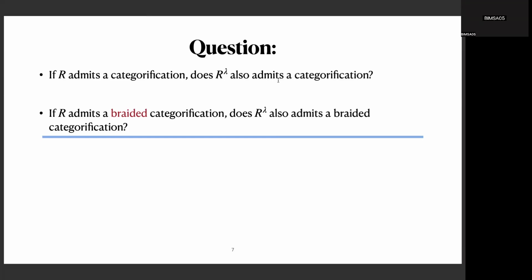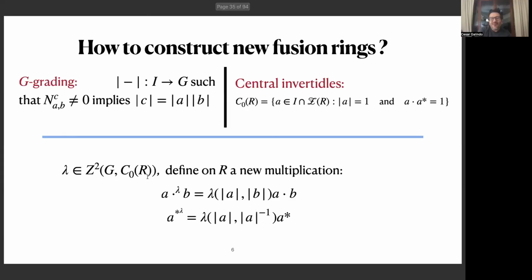Can I ask a question, please? Yes. Just the previous slide. Is there room for non-trivial zesting if there is no grading? Like only a trivial grading? Oh no, if the grading is trivial, I cannot apply the trick, because there is only one possible assignment, that is the unit object, and in this case we obtain exactly the same multiplication.